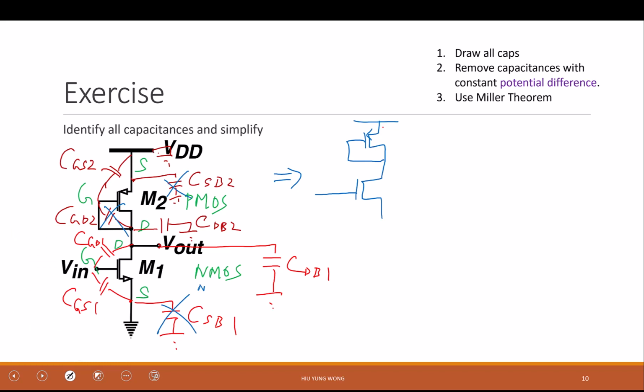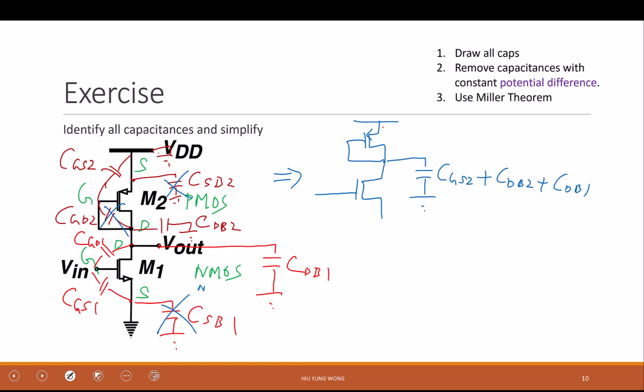But then I combine these 3 to here. I call it CGS2 plus CDB2 plus CDB1, because in parallel, I just add them together, right? So I get rid of 3 and then I combine 3, I still have 2, right?